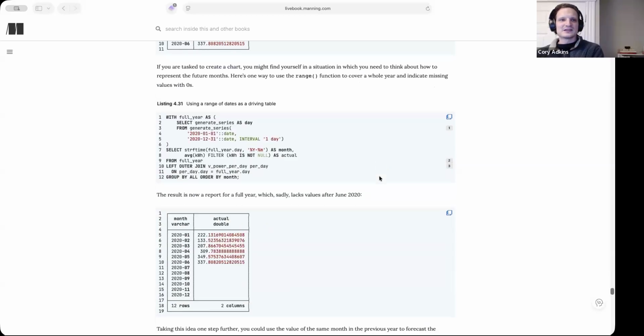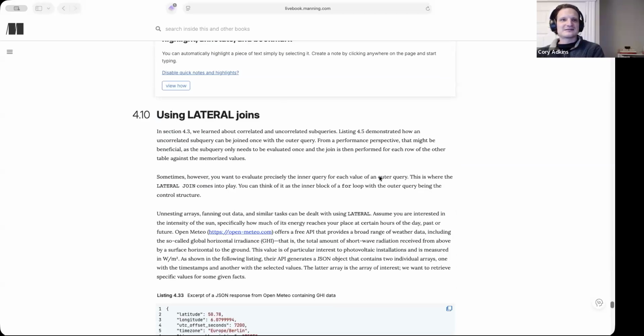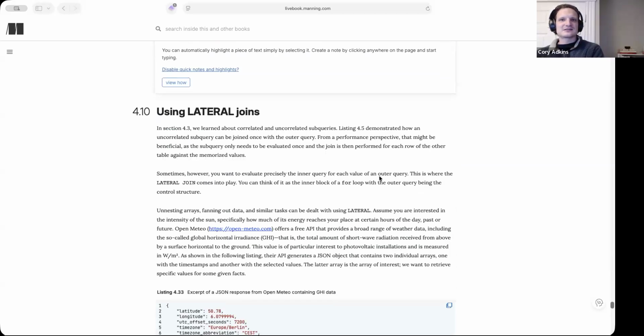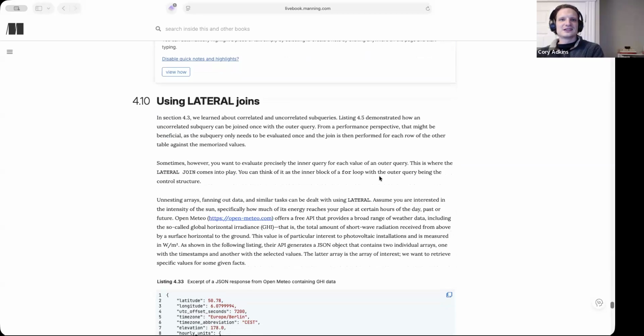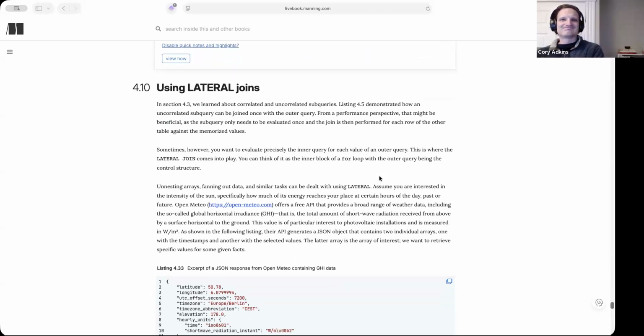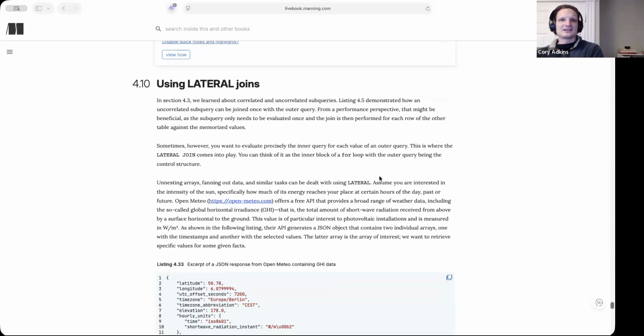But let's see. So yeah, now we have lateral joins. I don't know, do I have anything smart to say about this? We're almost out of time. Does dplyr have lateral joins?